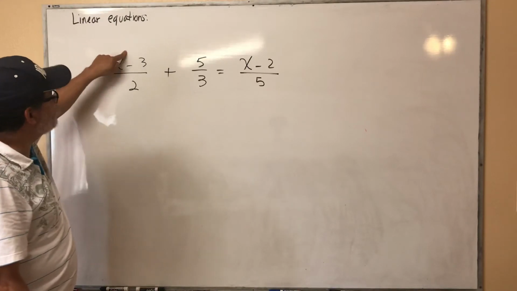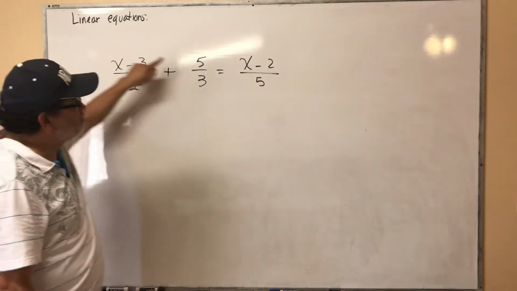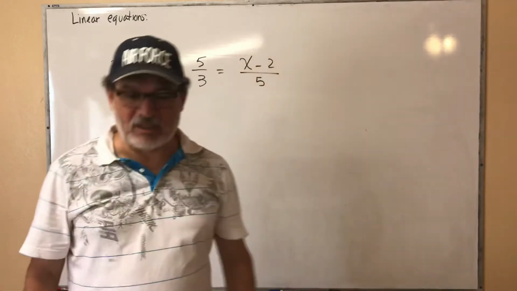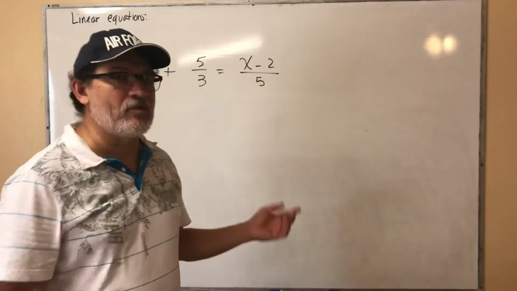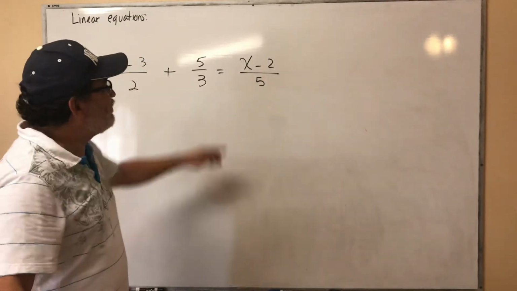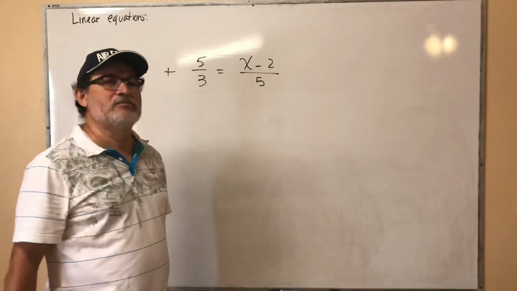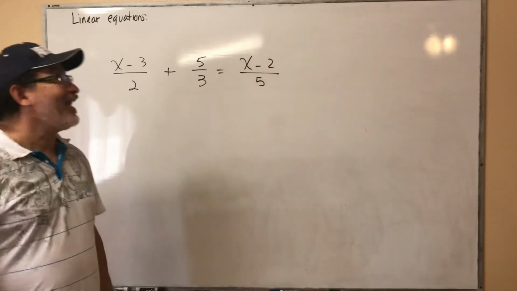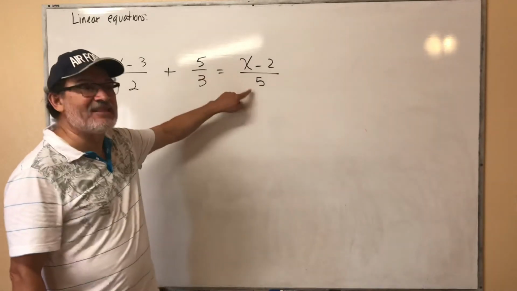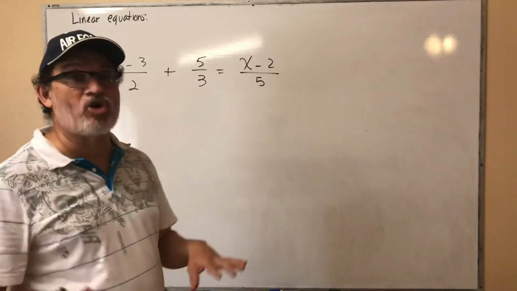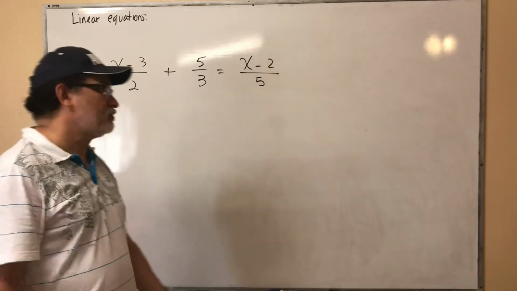This variable is to the first power. So therefore this must be a linear equation. It's got to be to the first power, and the variable is not in the denominator. If the variable was in the denominator, we would call it a rational equation, no longer a linear equation.